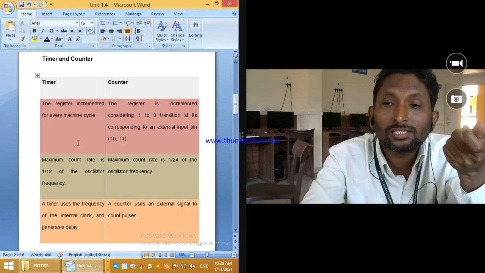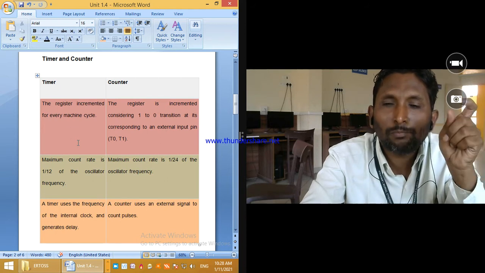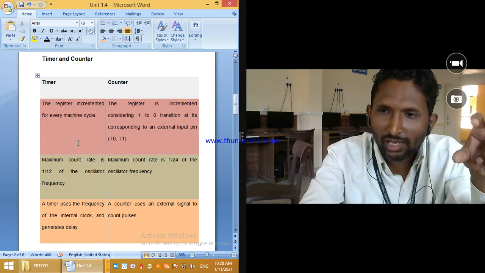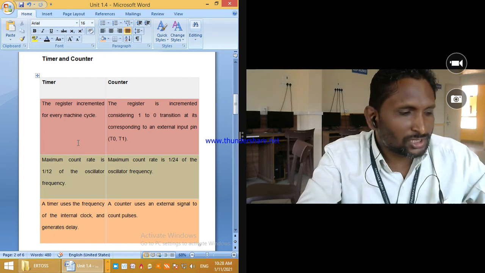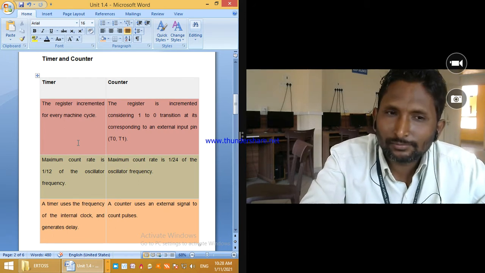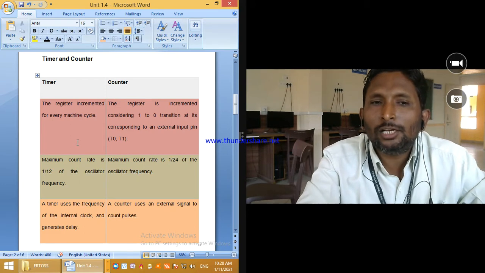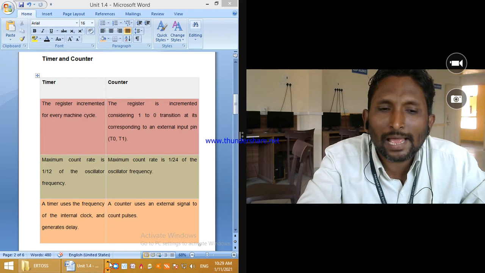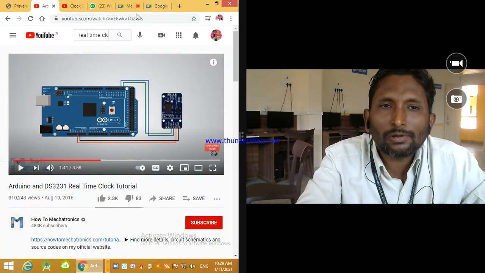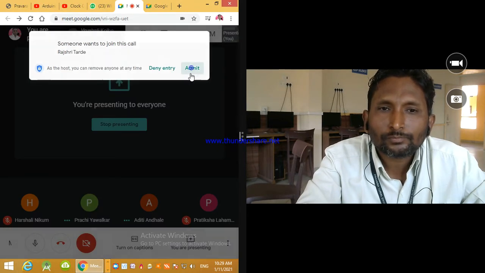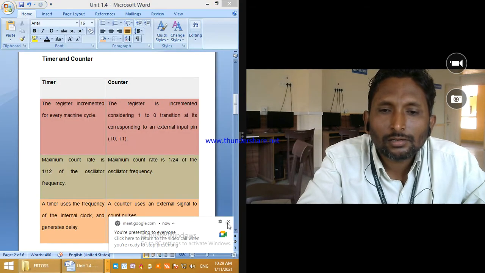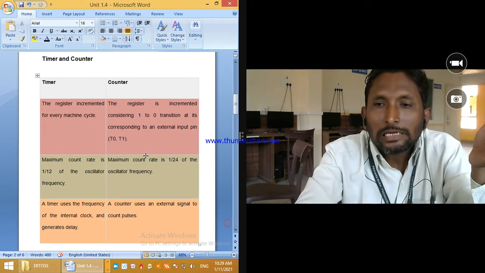It is one kind of material available in nature, quartz, which is mounted in the circuit, and we provide DC power supply to that quartz material, and it vibrates continuously.